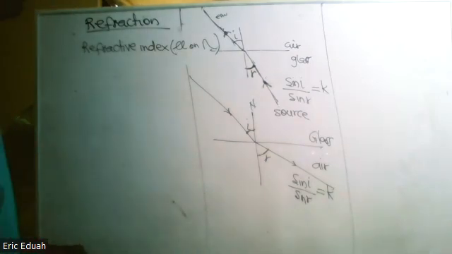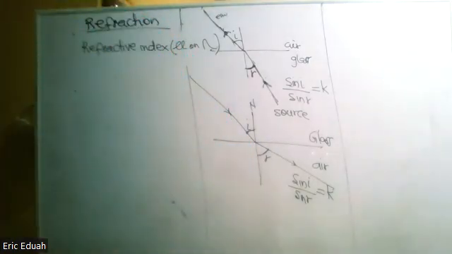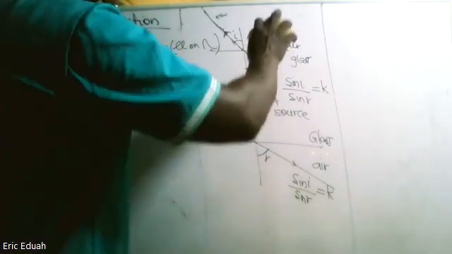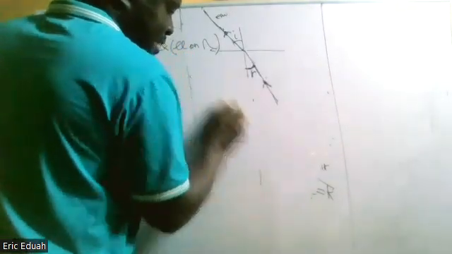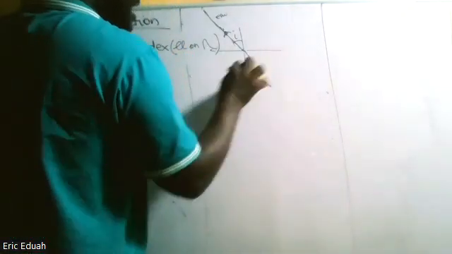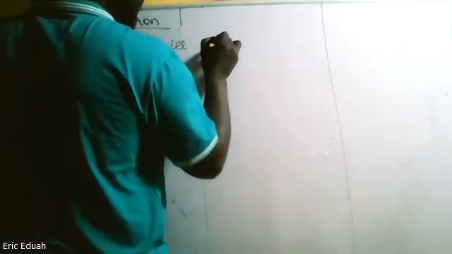Now, what does Snell's law actually mean? It simply means that, let's take light coming from air to glass.